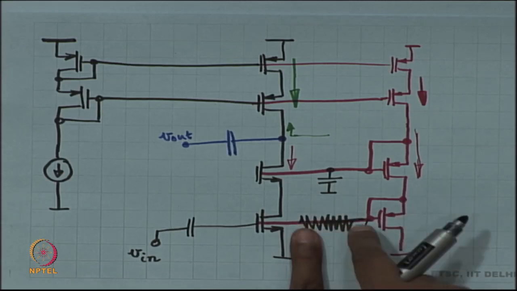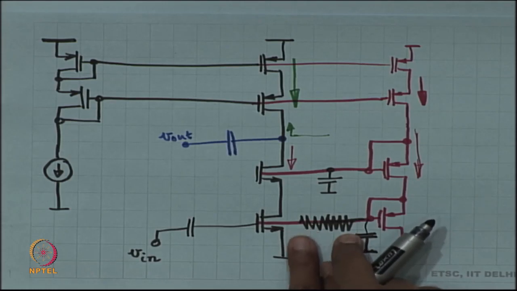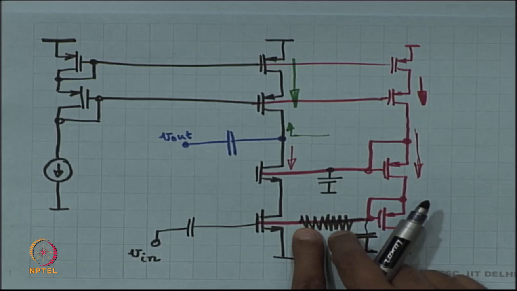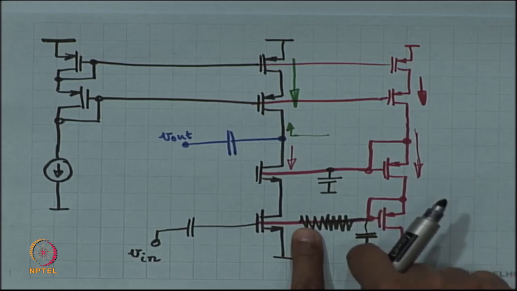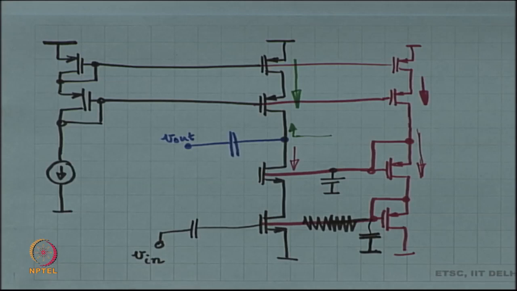This resistor is not conducting any current for DC, therefore, it is going to behave like a short circuit for DC, but for signal there is a large capacitor here which makes it a short circuit. So, this resistor will need to conduct current as required, right.